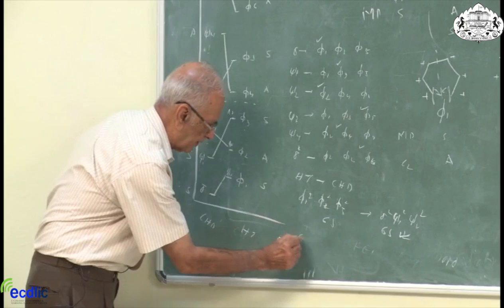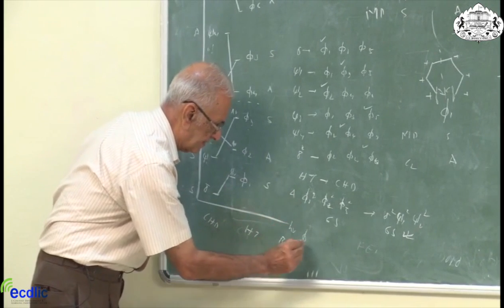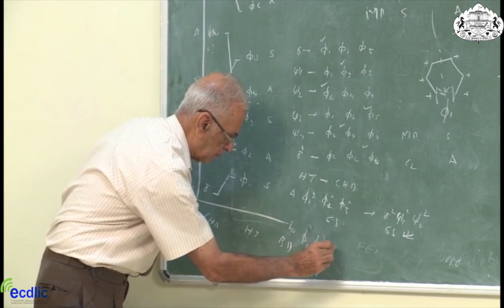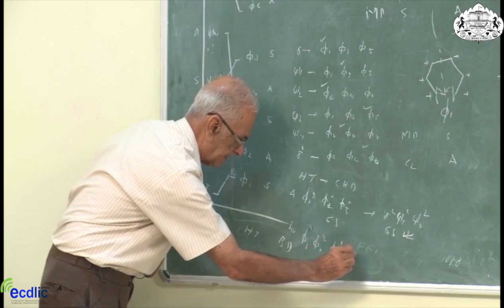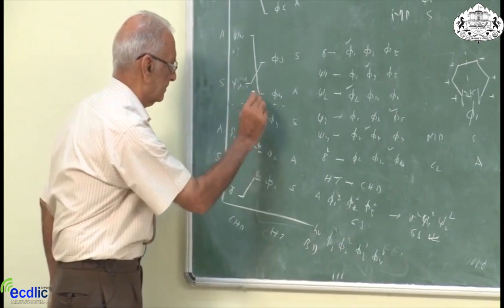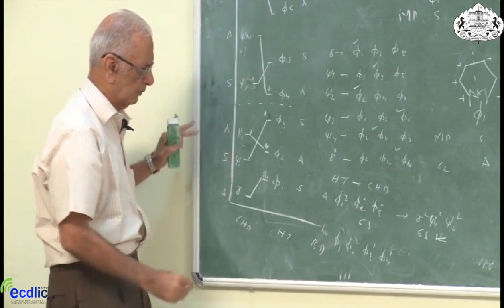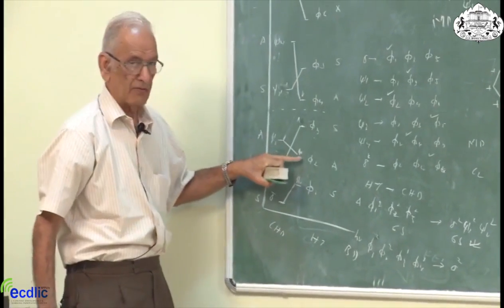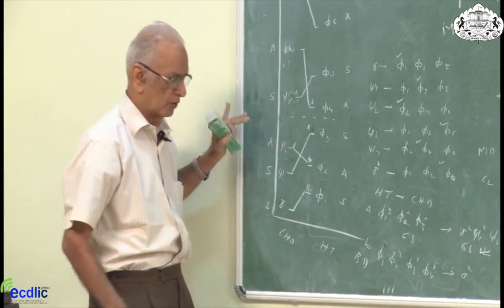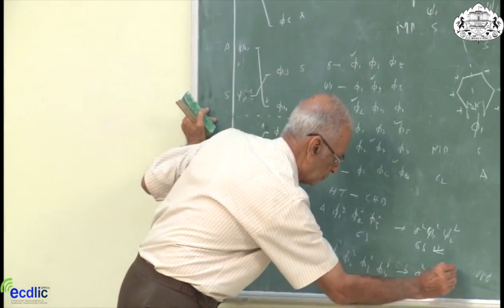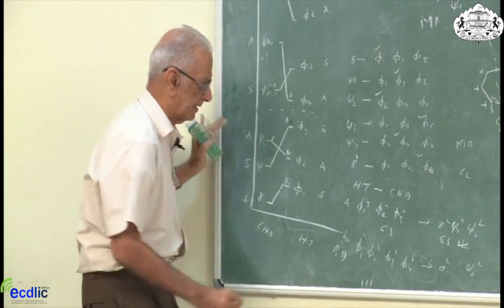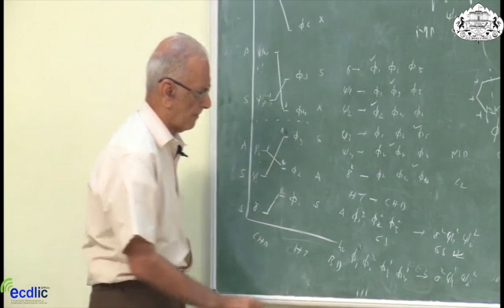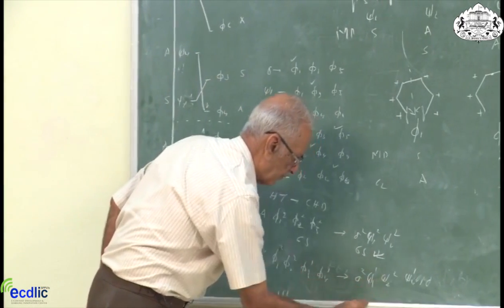Let us look at the photochemical reaction. Sigma 2 goes into sigma, psi 1 2 goes into phi 2, psi 2 1 goes into phi 3 1, and psi 3 1 goes into phi 4 1.